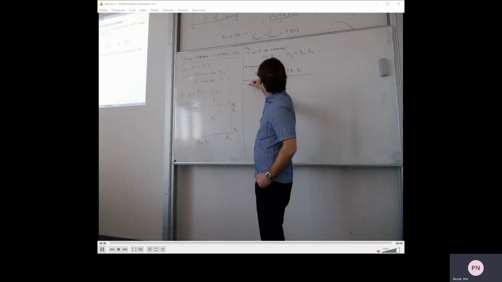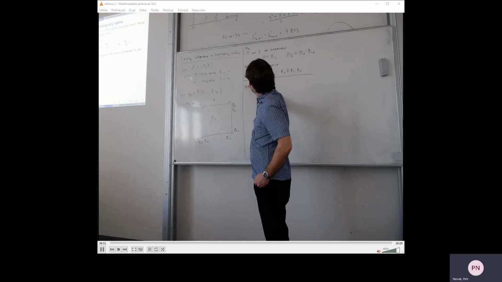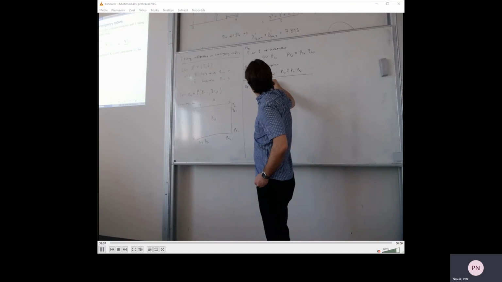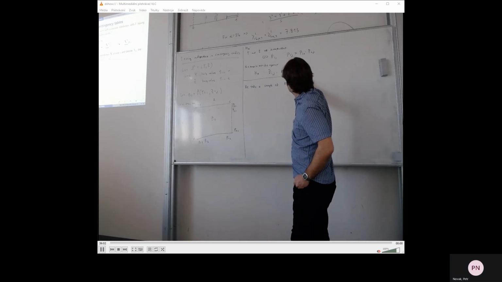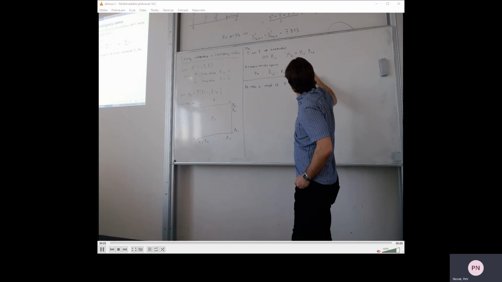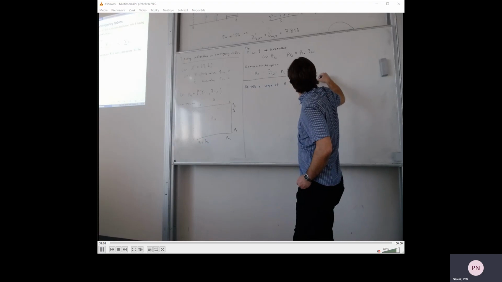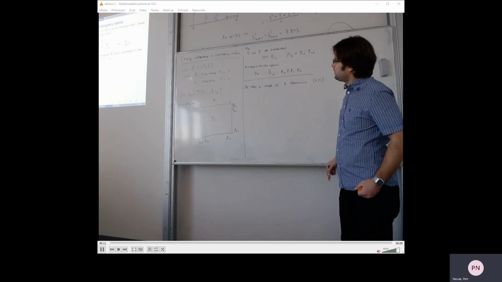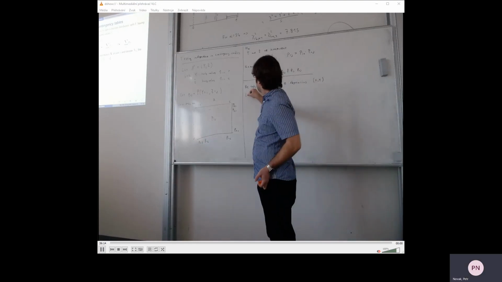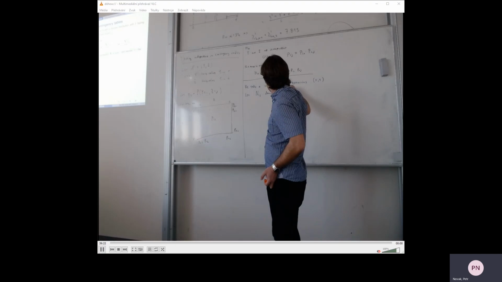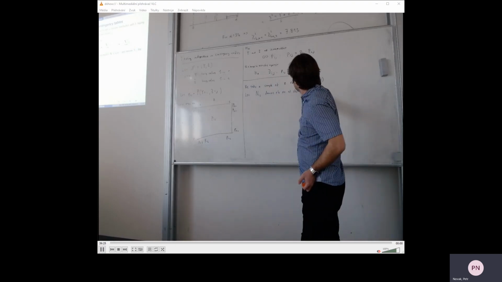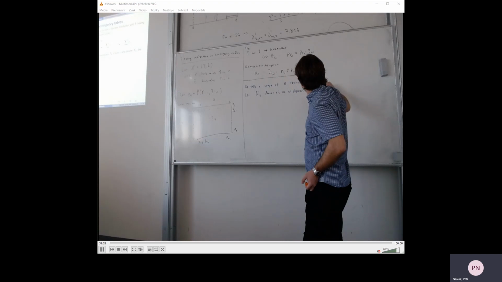So we take a sample of n observations. Let's see, x, y, and let n_ij denote the number of observed cases in each category.